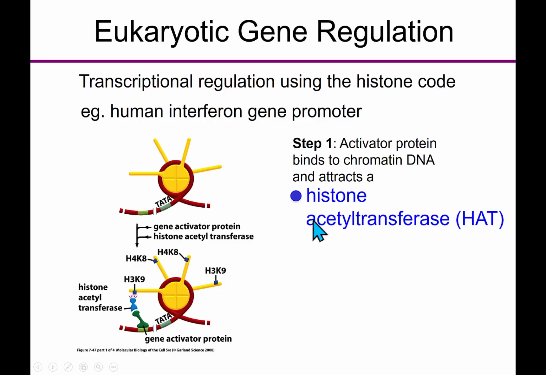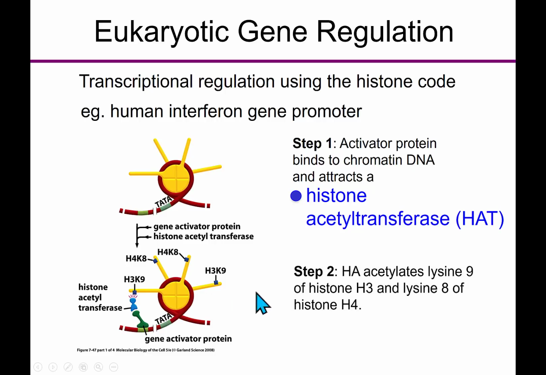So exactly as described, you have a gene activator protein shown here, and this one's drawn quite well. Notice it has a DNA binding domain to recognize a specific DNA sequence, and an activation domain. How this activation domain works is it calls in a histone acetyltransferase in blue here. So it calls in a HAT.